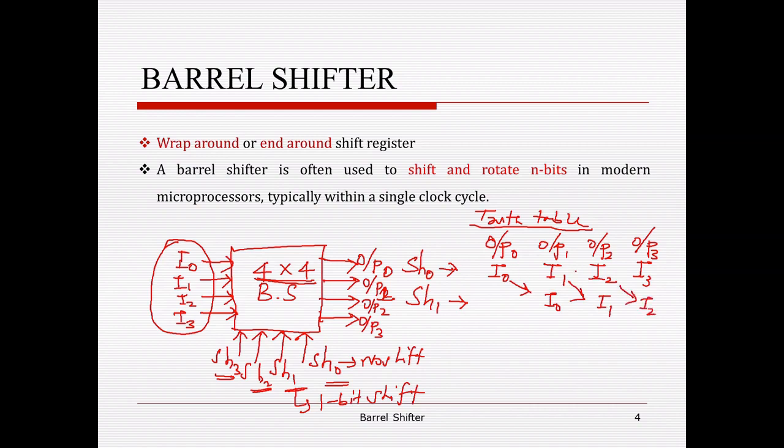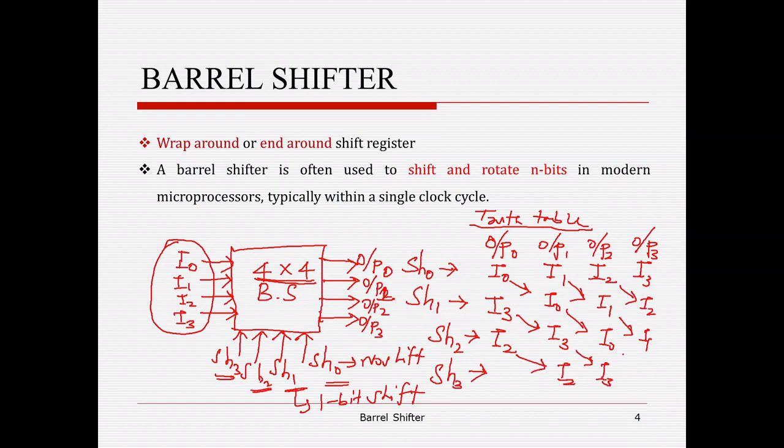Since the barrel shift register is an end-around shift register, I3 is mapped with output 0. When the SH2 control signal is activated alone, it is a further 1-bit right shift: I2 and I3 are mapped with outputs 0 and 1, and I0 and I1 with outputs 2 and 3. When the last control signal SH3 is activated, again it is a further 1-bit right shift.